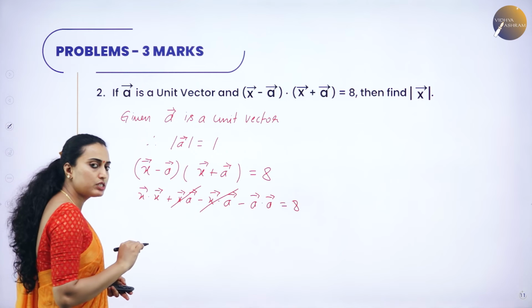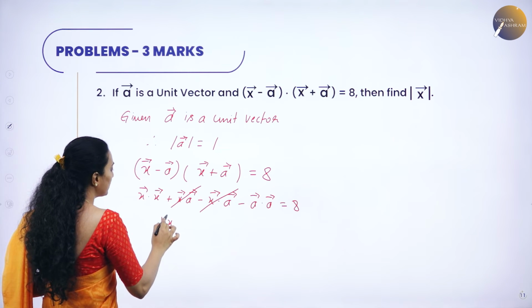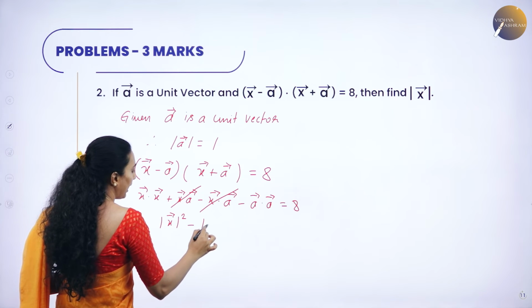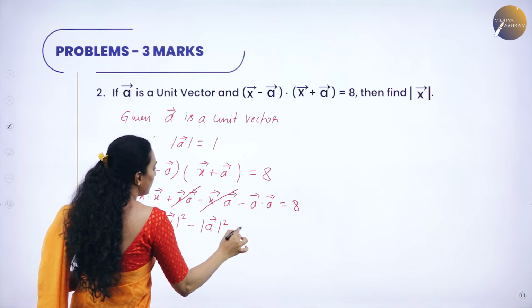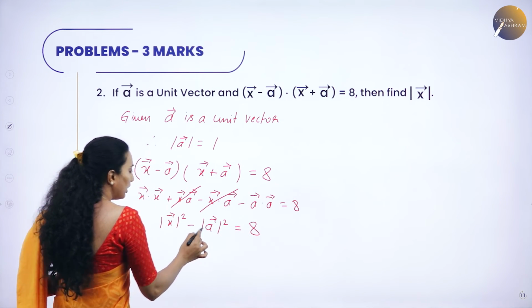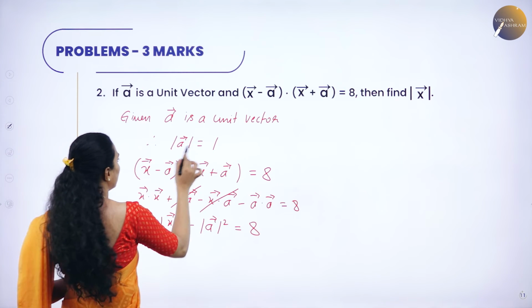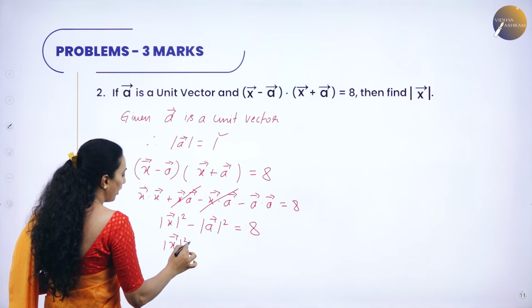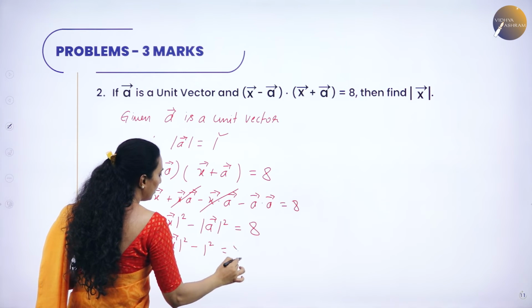Now this is a positive, this is a negative, will get cancelled. x vector dot x vector gives you magnitude of x vector square, correct. This is minus magnitude of A vector square, which is equal to 8. You know that magnitude of A vector is nothing but 1. You can substitute: magnitude of x vector square minus 1 squared is equal to 8.